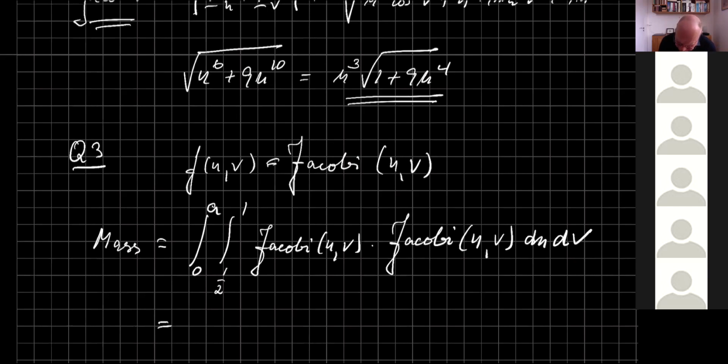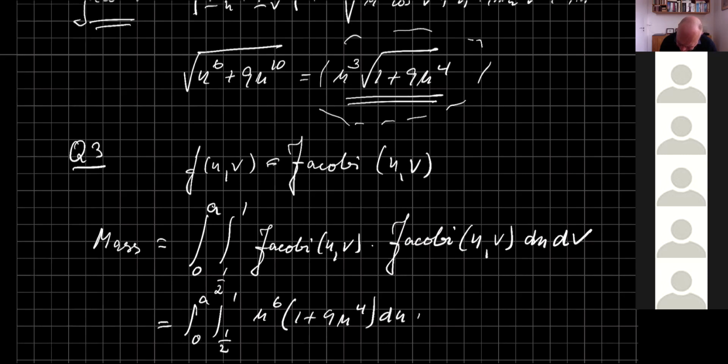So you will simply have that you should integrate the square of this function. So this will be the integral from 0 to a and from 1/2 to 1 of u to the 6th power times 1 plus 9u to the 4th power, du dv.